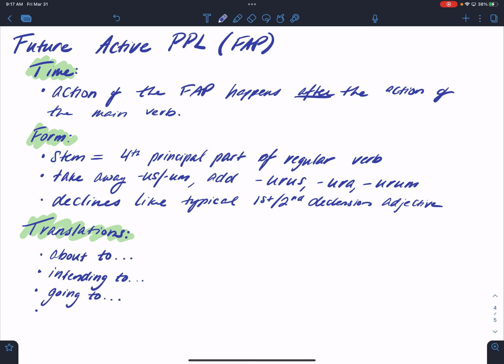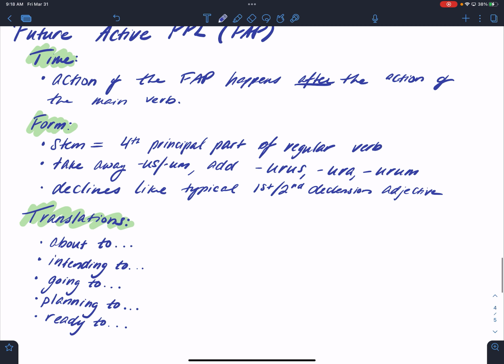You could also say planning to. You could also say ready to. And finally, this one's a little weird. You could say on the point of, but I've never used this one in my life. But I'll tell you it anyway.